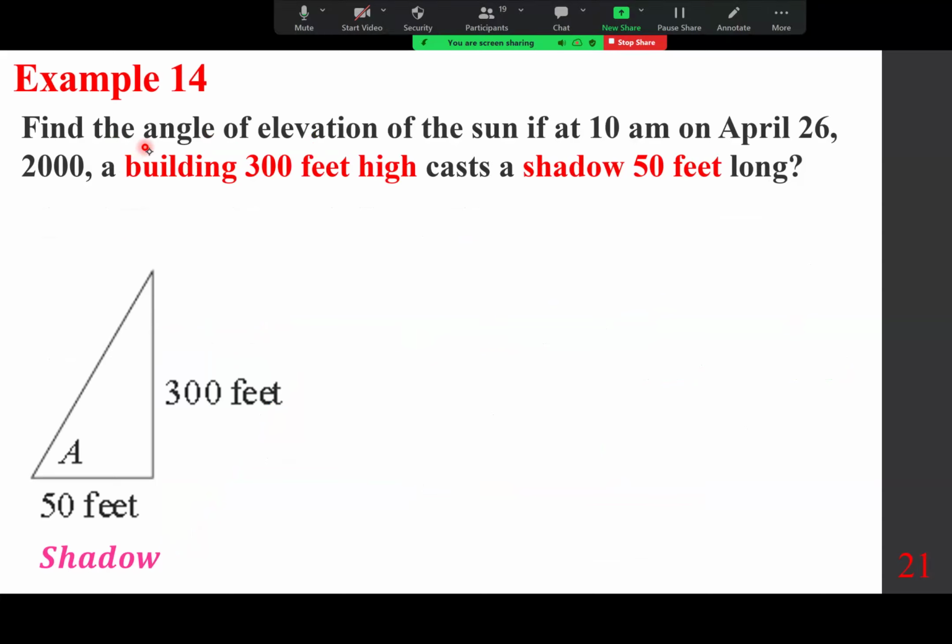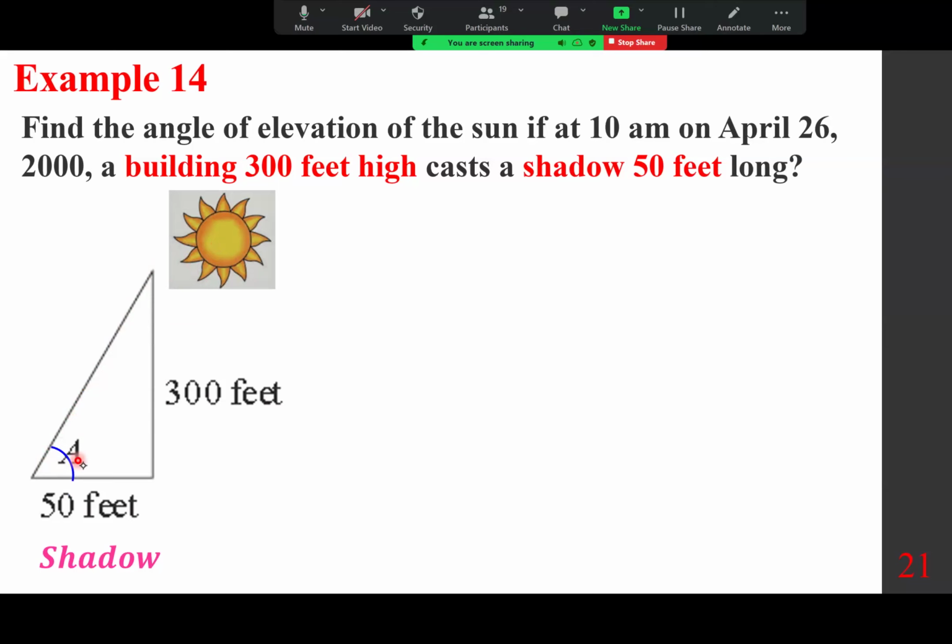Find the angle of elevation of the sun if at 10 a.m. on April 26, 2000, a building 300 feet high cast a shadow of 50 feet long. Meaning, here's the sun and here's the building. It creates this shadow, and this angle is the angle of elevation, everybody.